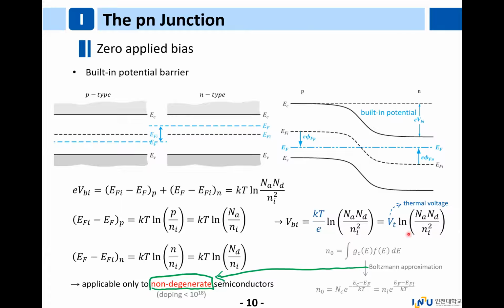So when looking at the derived expression for VBI, since the remaining terms are constant, an increase in dopant concentration results in an increase in the difference between the Fermi levels of the two semiconductors, ultimately leading to a larger built-in potential.